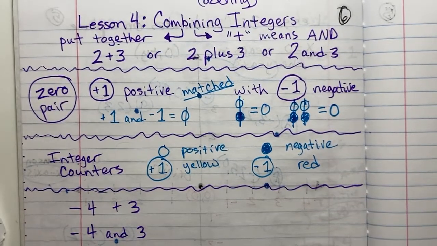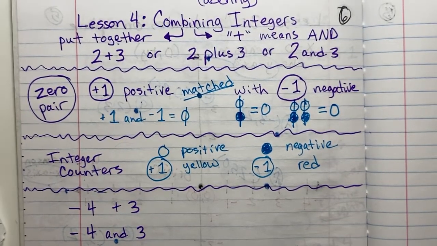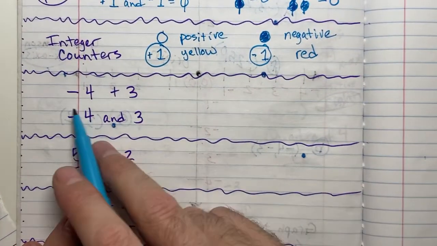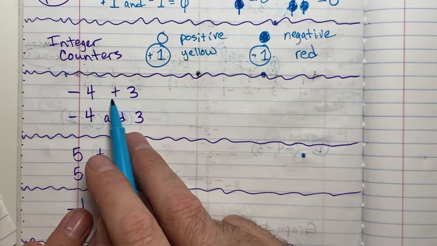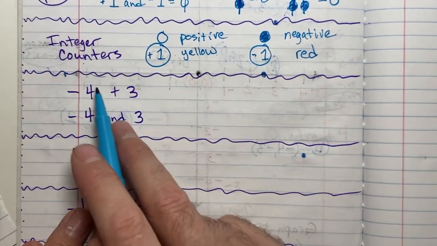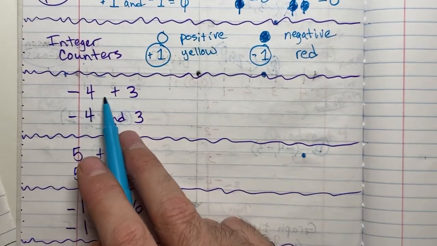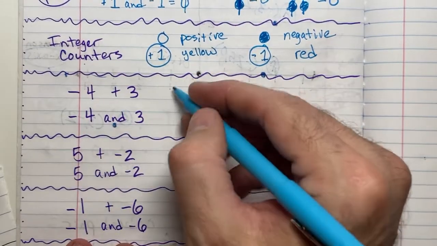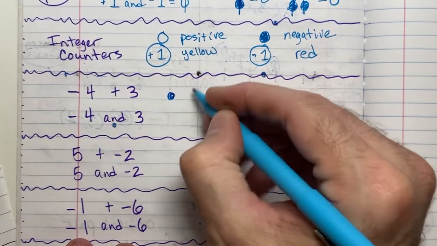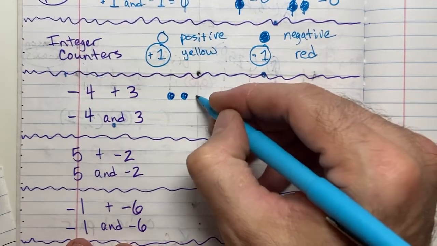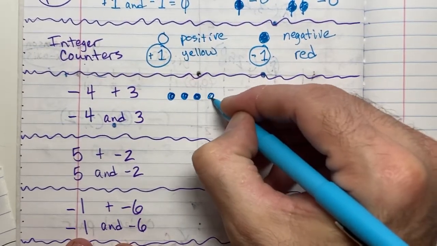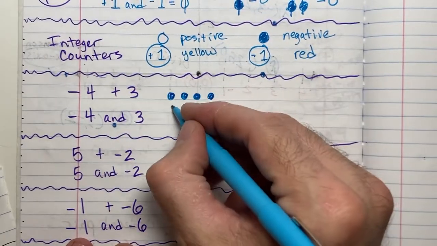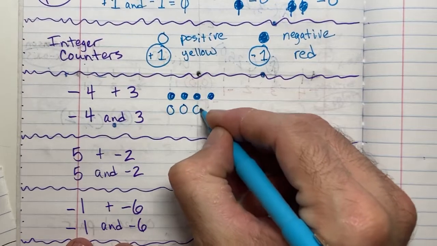So let's take a look at a few examples down below of combining integers. If we look at -4 and +3, we have 4 negatives and 3 positives. 1, 2, 3, 4 negatives and 3 positives, 1, 2, 3.